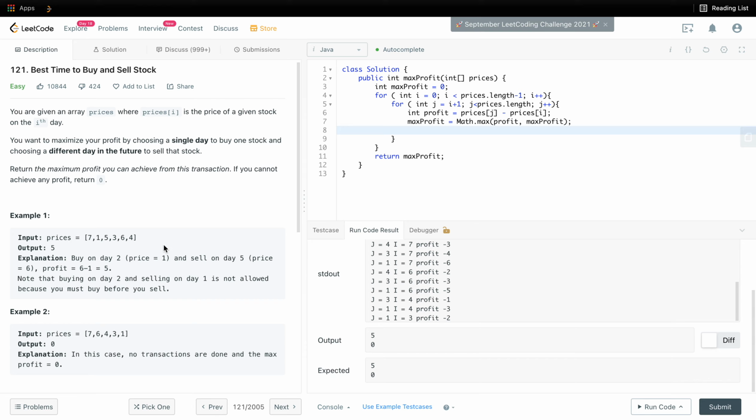If I am at this 6, at that time I should know which is the minimum value till now. It means 7, 1, 5, 3.